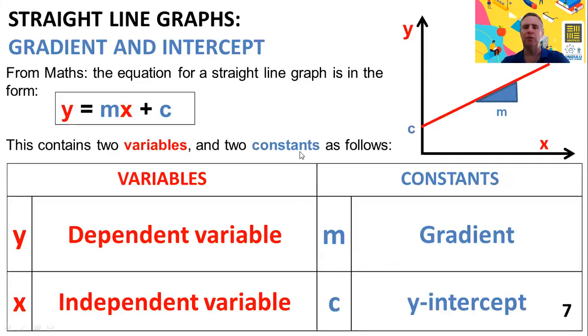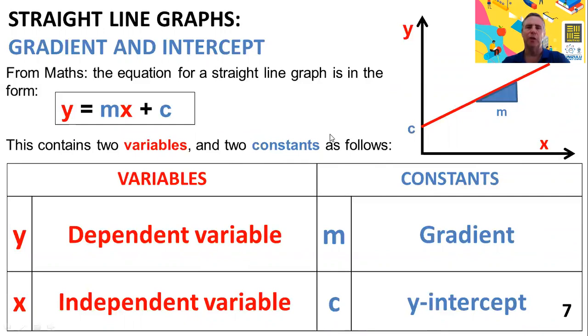You remember on page 7, we identified the important equation for a straight line graph, y equals mx plus c. That's what the graph looks like. And it's very important to distinguish between your variables, y, the dependent variable on the vertical axis, and x, the independent variable on the horizontal axis, and your 2 constants. M is the gradient, the slope of the graph, c is the y-intercept.